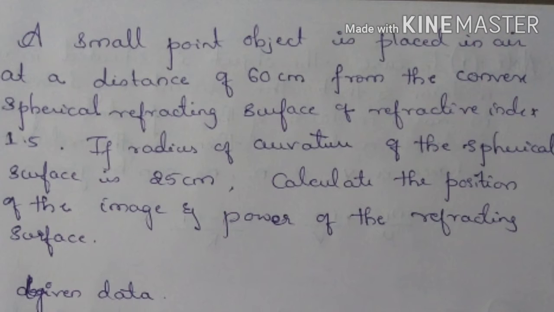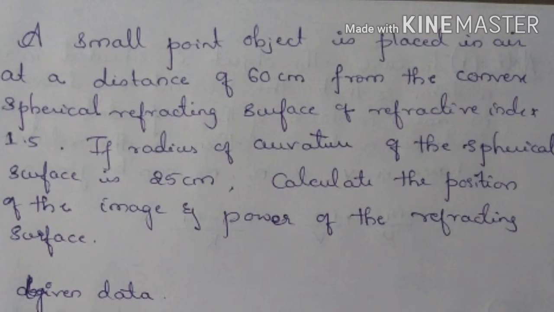If the radius of curvature of the spherical surface is 25 centimeter, calculate the position of the image and the power of the refracting surface. So here he has given the value of u and the value of n2. He is asking us to calculate the value of v and the value of power, that is P.